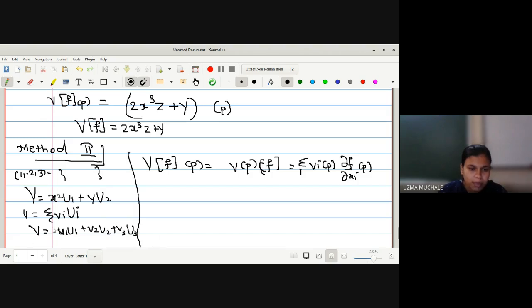Those who remember that theorem, that any vector field can be written as a linear combination of a natural frame field, which we have written like so. With the help of that theorem itself, you can say v1 is x square. What is v2? The coefficient of u2, which is y. The coefficient of u3 is 0. Right?